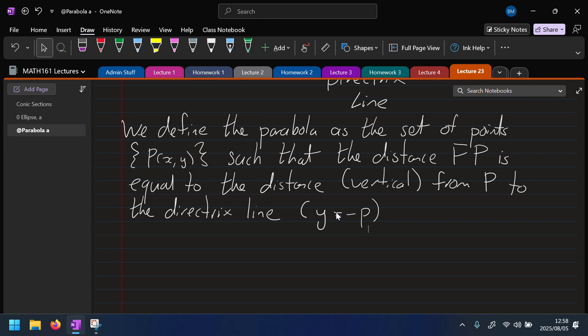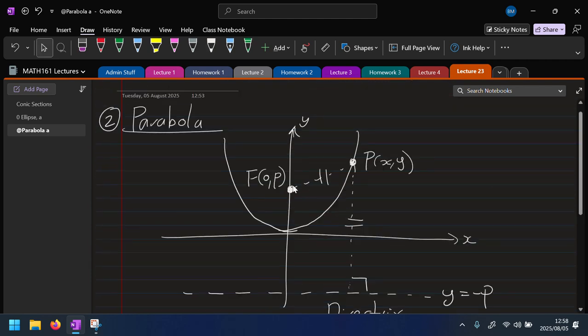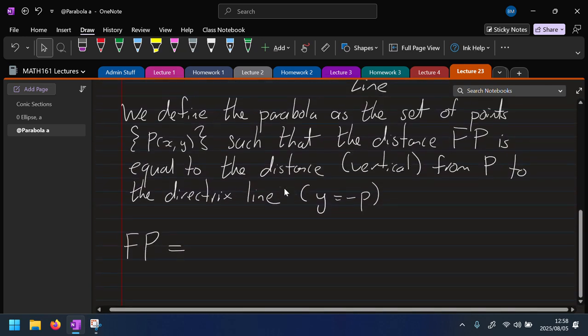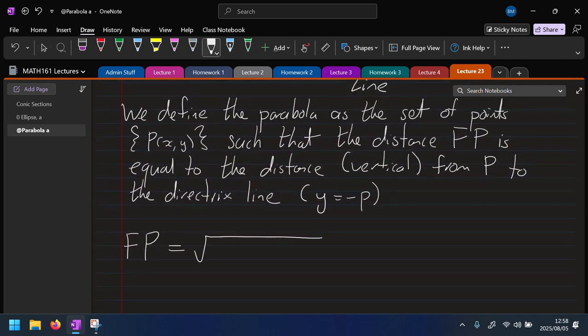So let's write out an equation for this. So again, distance formula, a whole lot of algebra, and then we get that equation we had at the beginning. Okay, so firstly, what is this distance FP? So we know F, that's given here at (0, p), and we know P, that is just (x, y). So that's given. So FP is just the distance formula. So that will be the root of x squared plus (y minus p) squared.